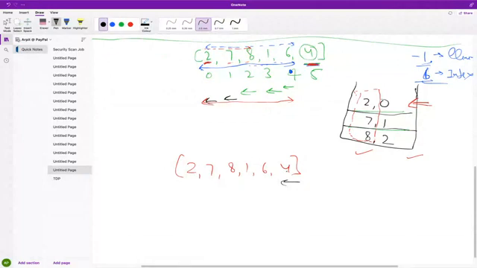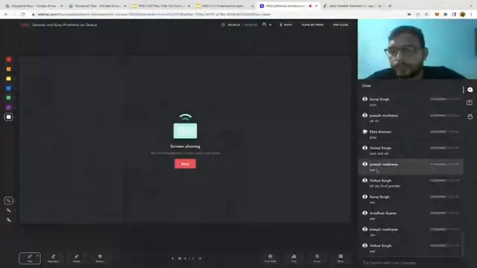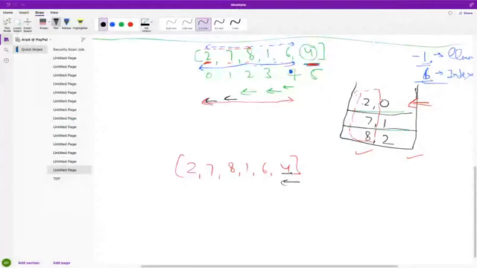So now compare it. 4 is greater than 2. So now what will we do, guys? We'll do the popping in this stack, because 4 is greater than 2. Our popping will stop at 7, because 7 is greater.